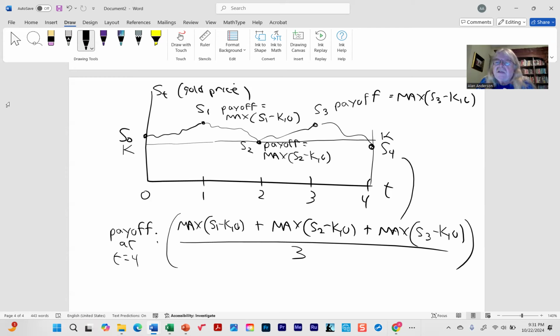Whatever that number is, that's the payoff. And now the price of the option would be the present value of that.